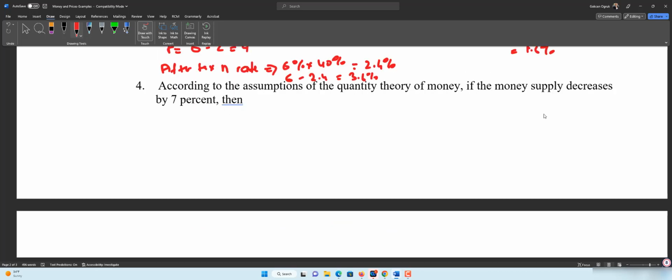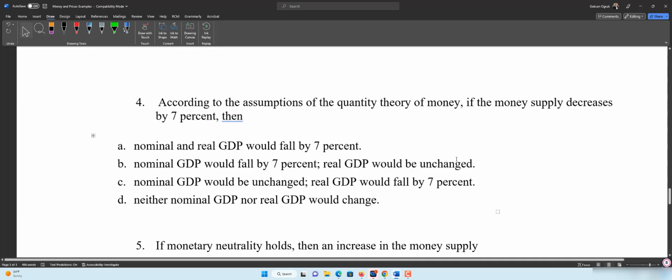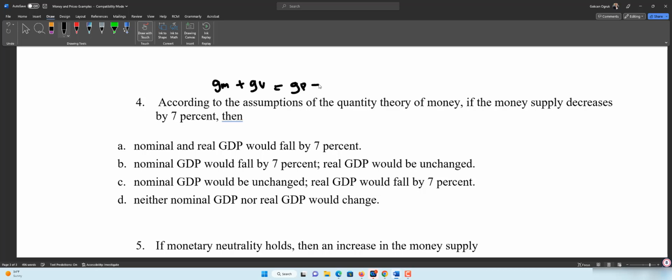Now let's talk about question number 4. According to the assumptions of the quantity theory of money, if the money supply decreases by 7%. Again, we need to write this equation, GM plus GV equals GP plus GY, because they are growth rates, there's a plus sign. We know that the money supply decreases by 7%. This is negative.